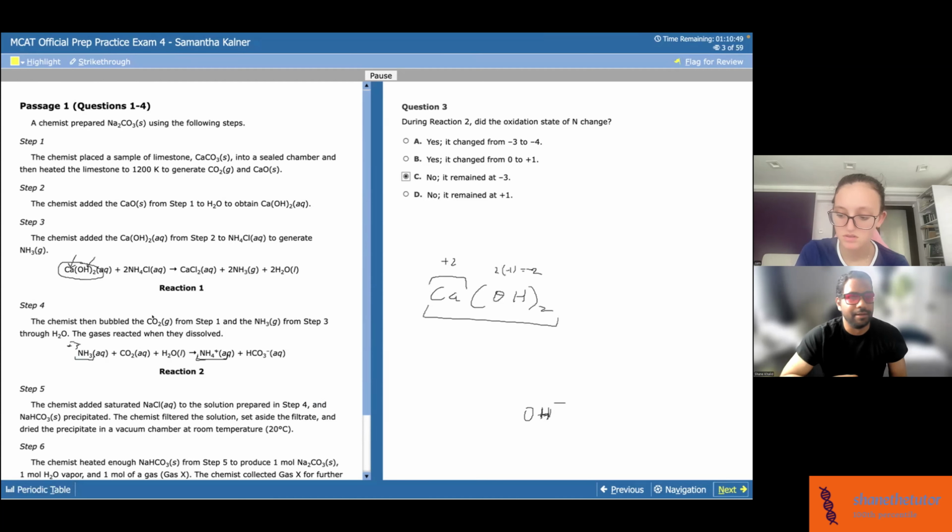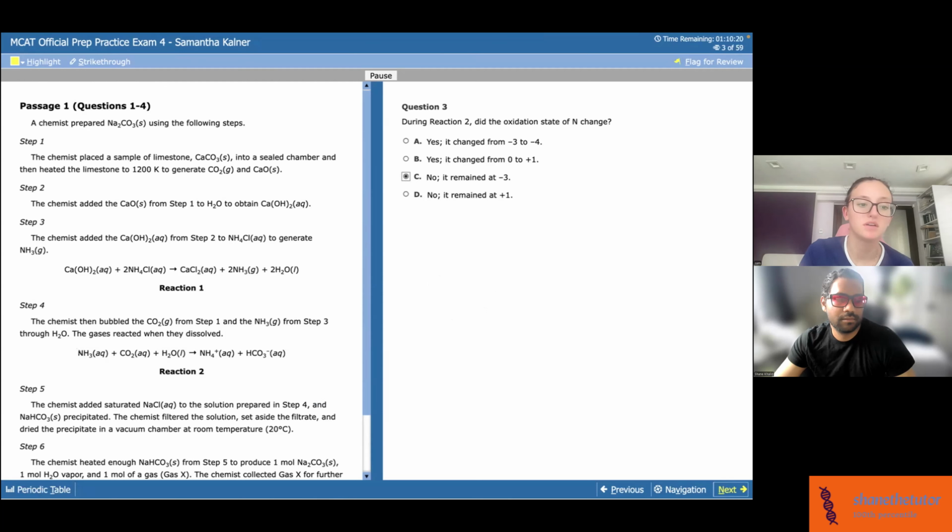So you should be able to tell oxidation states of atoms in molecules and things like that. Because this one was overall neutral and hydrogen had the charge of 3, then nitrogen had to be -3.